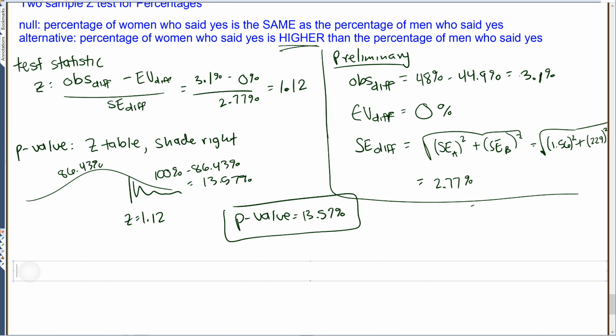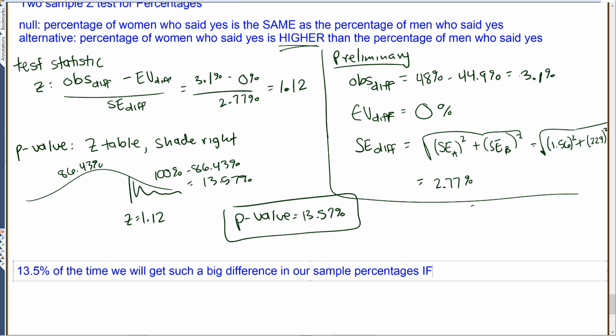So our interpretation of our p-value will once again be something like 13.5% of the time, or we can say a 13.5% chance. 13.5% of the time we will get such a big difference in our sample percentages if the null is true.